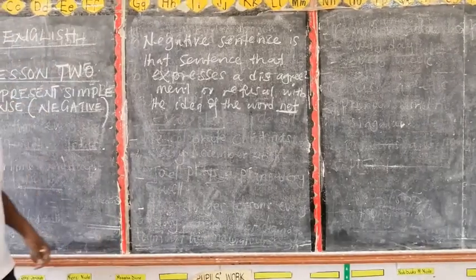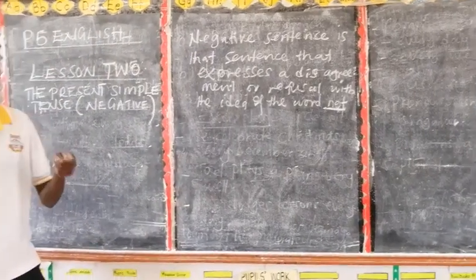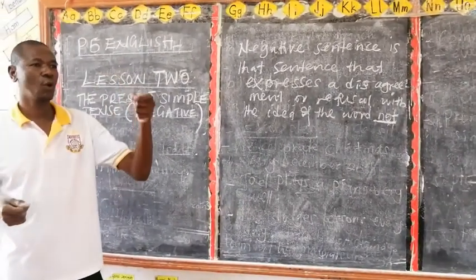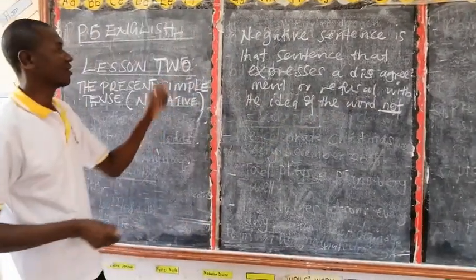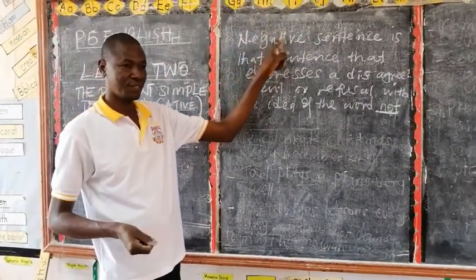So that means when someone says, I don't want, I shall not go, as long as there is a word not in that sentence, it is called a negative sentence.